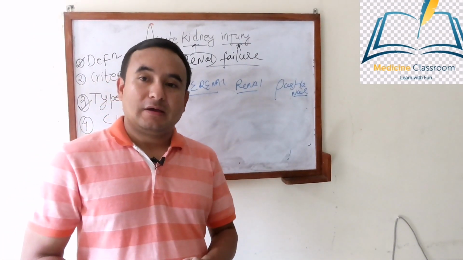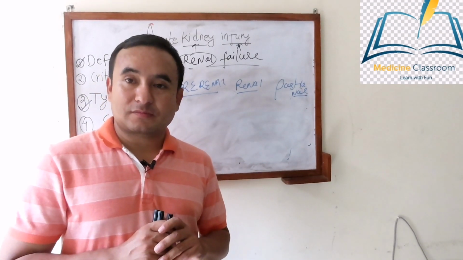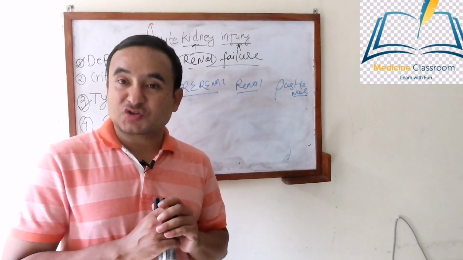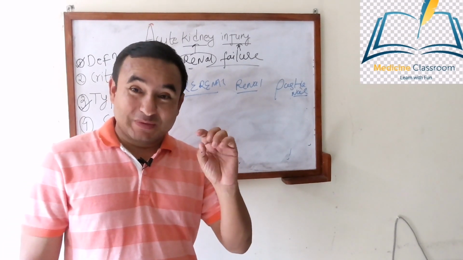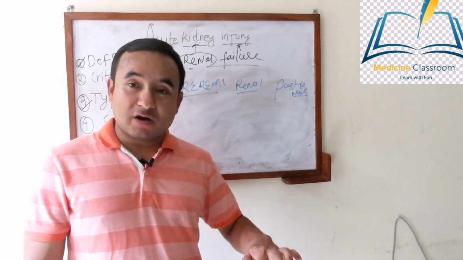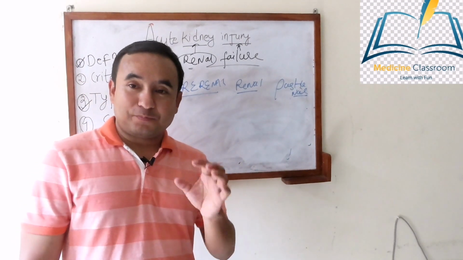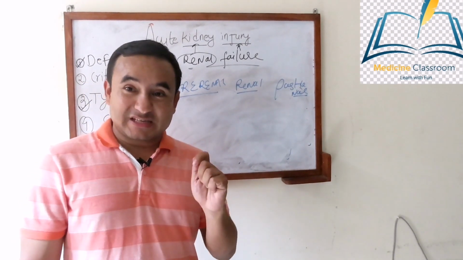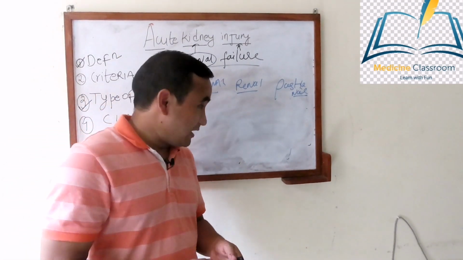or if the blood is not coming to the kidney because of a condition called shock. In shock, our body tries to maintain the circulation of the brain and the heart. So the blood is diverted from the kidney to the heart and the brain, and your kidney is not going to get a sufficient amount of blood. In that scenario, you can have the pre-renal AKI.